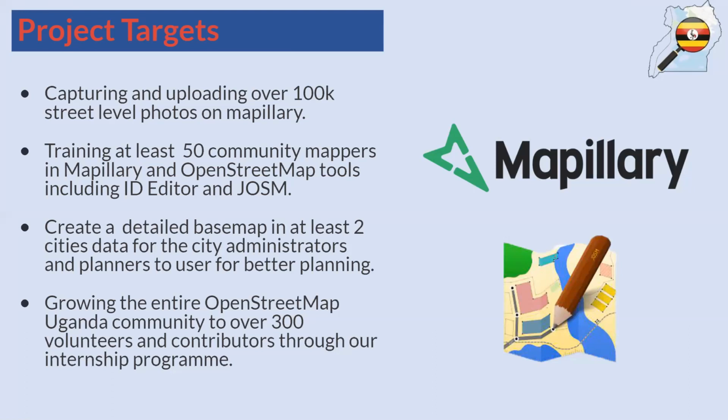We also want to create detailed maps for cities so that these cities can use these maps to enhance their planning capabilities and to better plan for their inhabitant populations. We also want to grow the entire OpenStreetMap Uganda community to have over 300 volunteers and contributors through our internship and training program. Next slide.